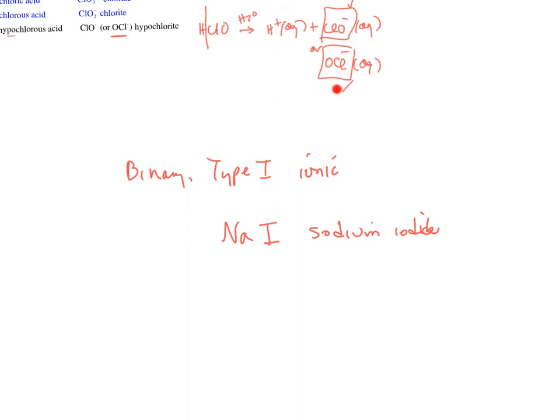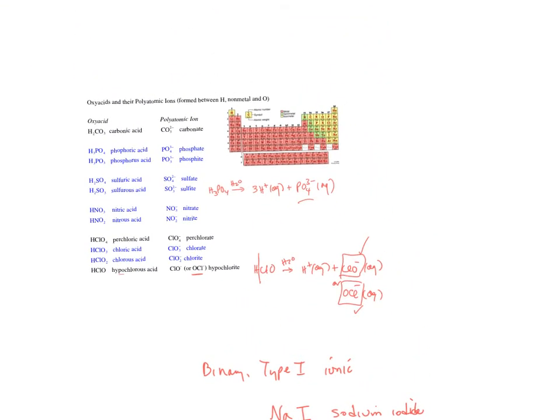But in this case, where you have these polyatomic ions that are formed, let's look at this table again. So these are the polyatomic ions. Why did that shrink like that? This column is the polyatomic ions that are formed from these oxy acids. Here's nitrate, right?